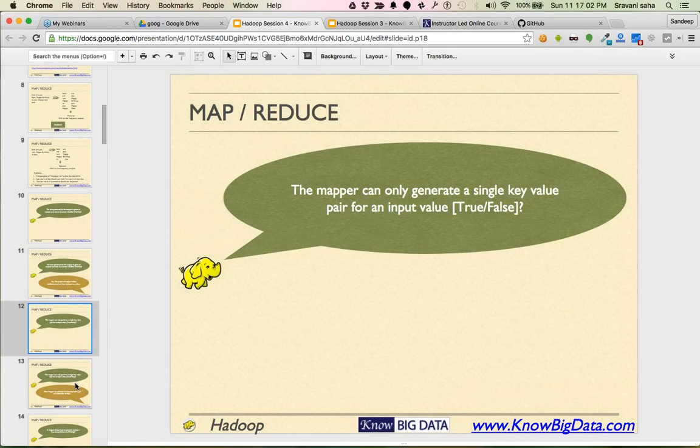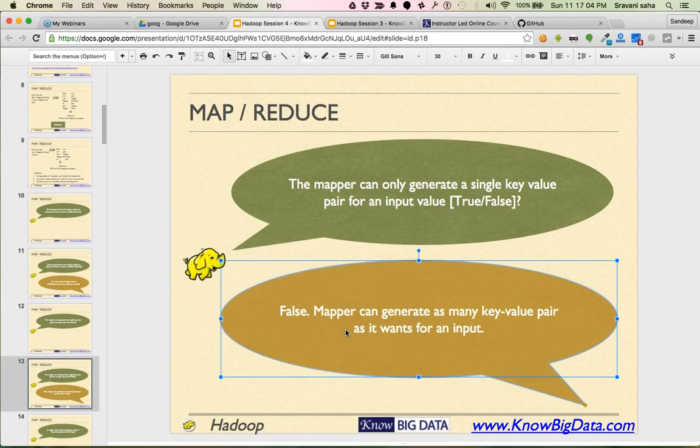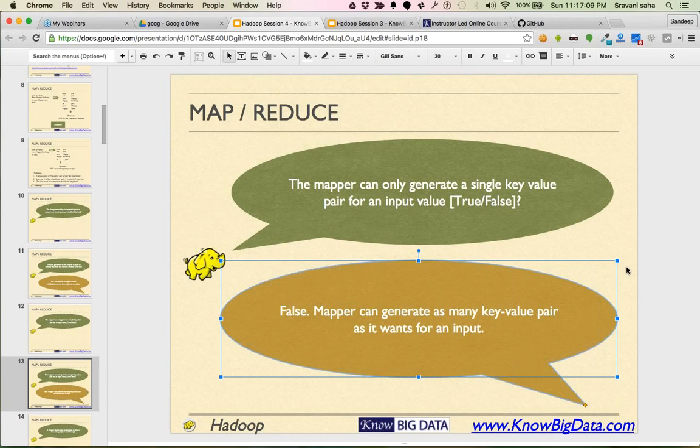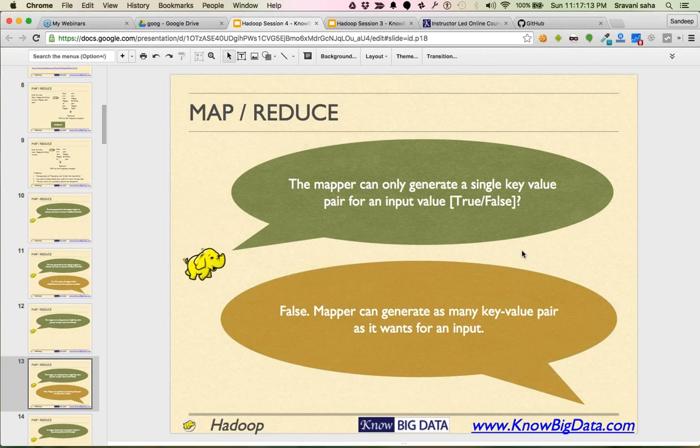All right. So the answer is false, since the mapper can generate as many keys as it wants, as many key value pairs as it wants. If you remember, even in our word count example, each line was converted into many key values, right? In all the problems which we've discussed so far, we were free to generate as many key value pairs as we want.